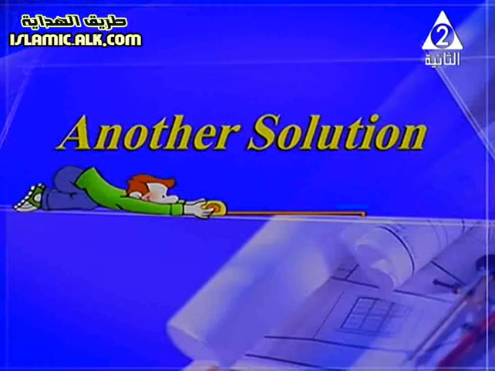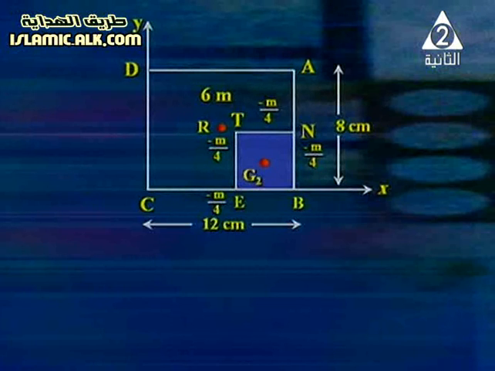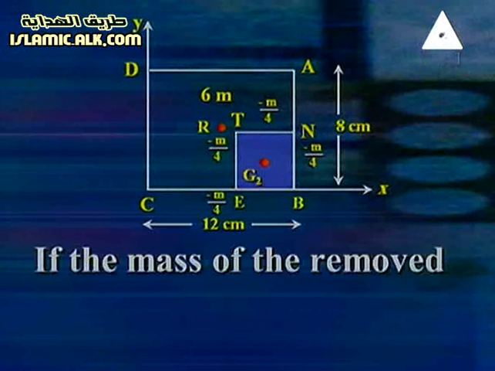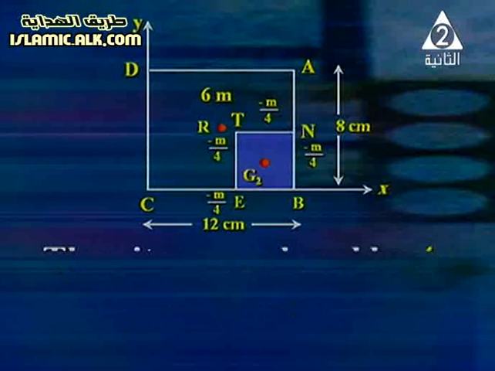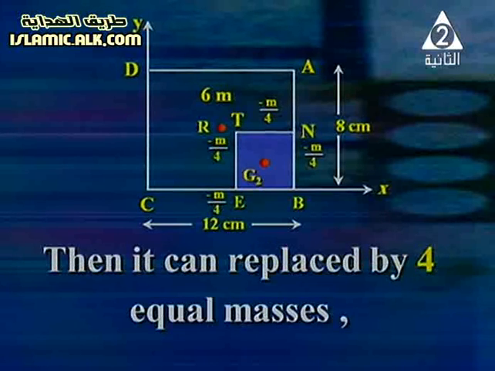Now we translate to another solution to this example. Look at, we have the X axis and Y axis. If the mass of the removed square is m, then we can replace it by equal masses. Why?